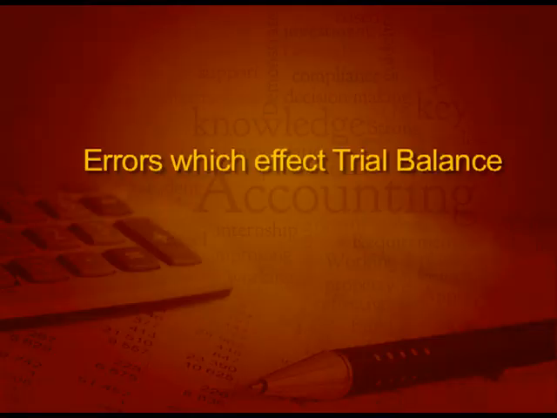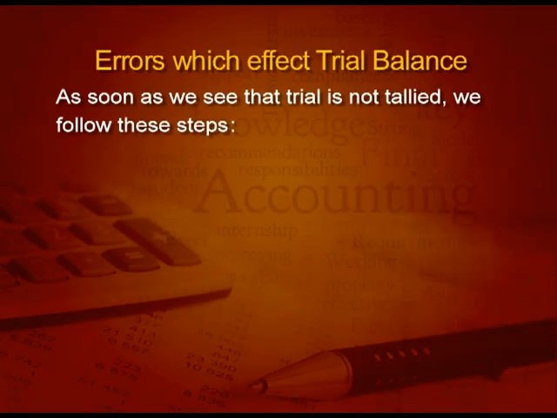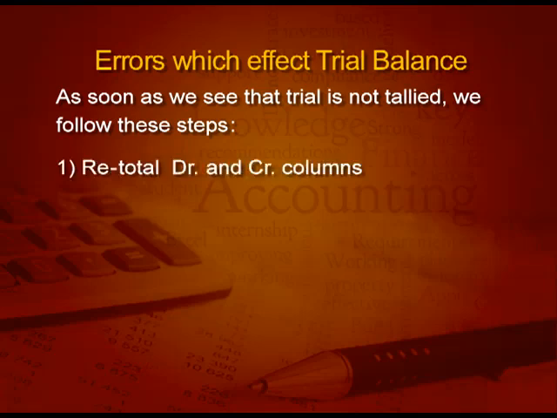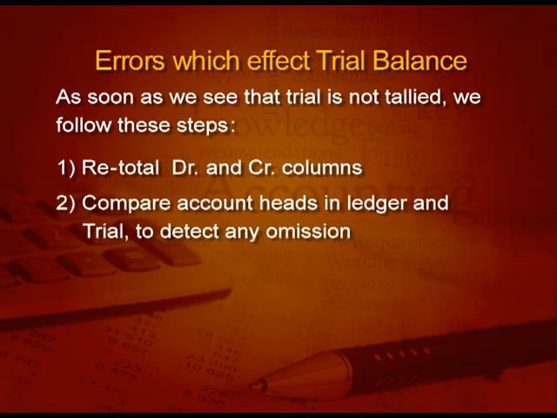Now before proceeding to how to rectify these errors, we must first know how to find them, because unless you know what the mistake is, how will you correct it? So let us first discuss those errors which will affect the trial balance. As soon as we see that the trial is not tallied, we follow these steps. First, we retotal all the debit and credit columns.